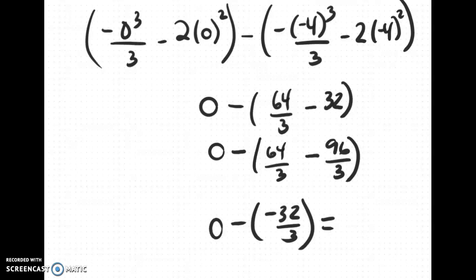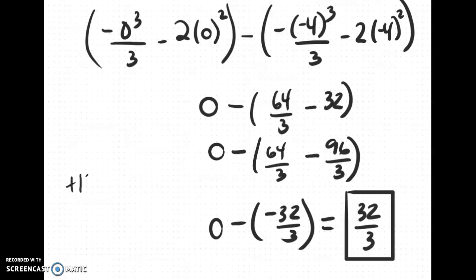And so I'm going to get a positive 32 over 3. And if you had put this into your calculator, you would have gotten positive 10.667, which is the same as this. But I wanted the exact answer. I don't want a decimal, so we need to do it by hand to find that. So 32 over 3 is the exact area.